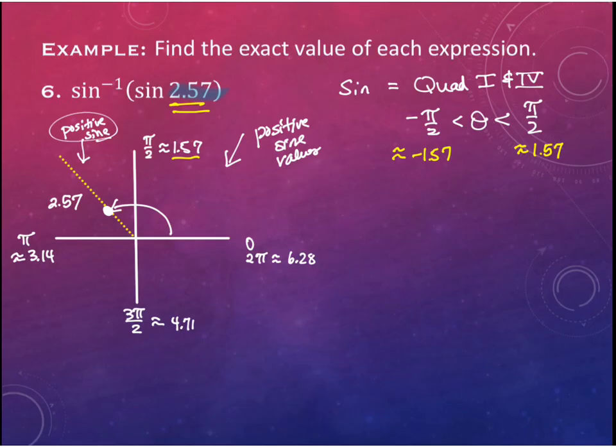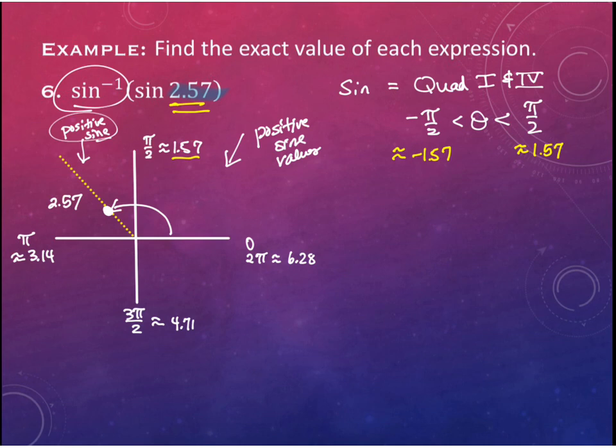Whatever this is, I'm actually asked here for what the angle measure is. This is supposed to be giving me an angle measure in quadrant 1 and 4. That's what inverse sine does. It gives me angle measures in quadrants 1 and 4. So whatever answer I give needs to be an answer that resides in quadrant 1 and quadrant 4. That's why I can't give the answer of 2.57. It doesn't reside in quadrant 1 and 4. It resides in quadrant 2.